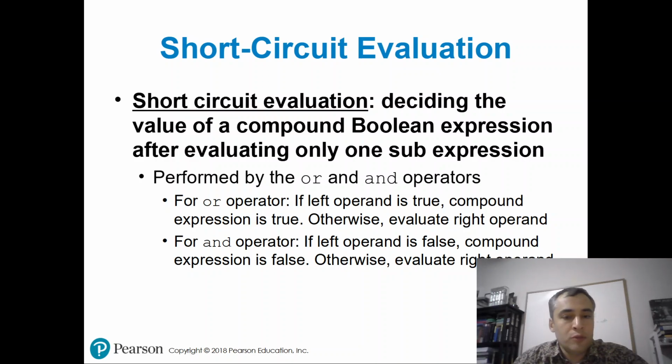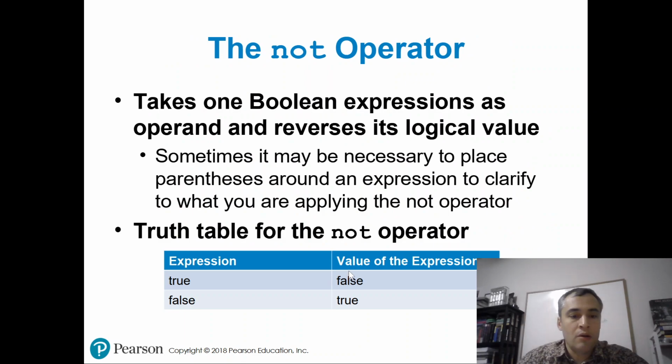If the first one was false, then you have to check the second one, because maybe that one is true and that will give true to the whole OR operator. For the AND operator, if the left operand is false, then you don't need to check the right one, the whole value is false. All right.